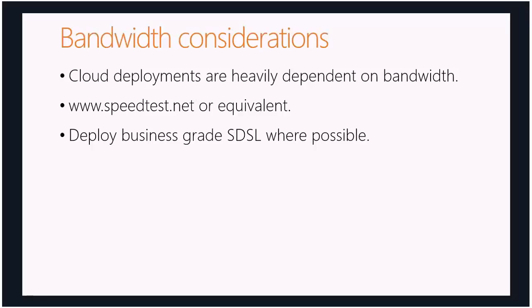So again, you're looking for a business grade connection. That may not always be possible, we certainly understand that, but it's something that should be revisited on a regular basis, because plans change, and the rollout of things like NBN also changes over time.